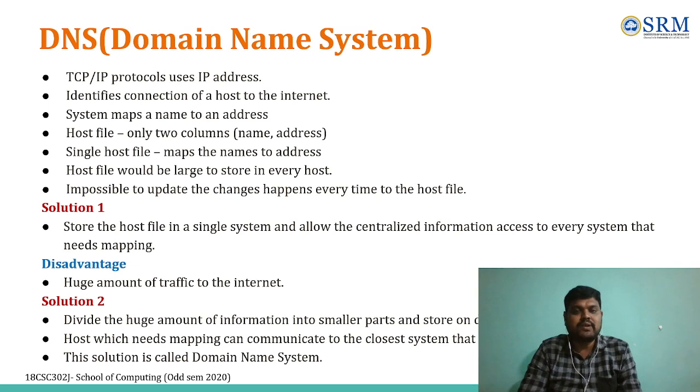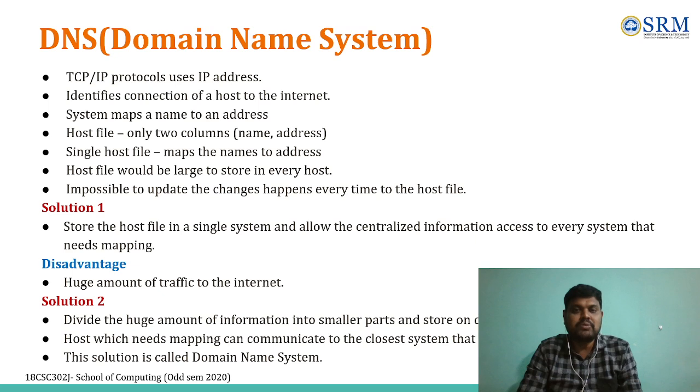So it is very difficult to remember the IP address of each and every device connected in the internet. The domain name system is useful to identify a device with a unique name.